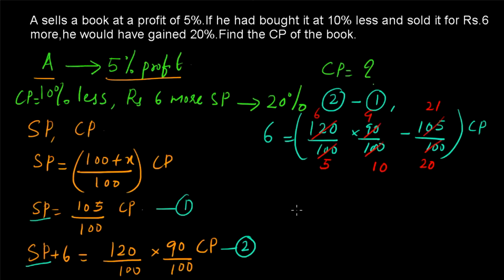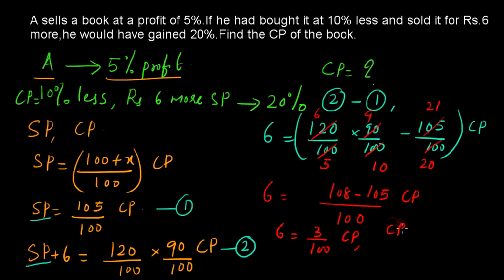Taking 100 as the LCM, we get 6 is equal to (9 into 6 is 54, 54 into 2 is 108, minus 21 into 5 is 105) by 100 into cost price. So 6 is equal to 3 by 100 into cost price, or cost price is equal to rupees 200.